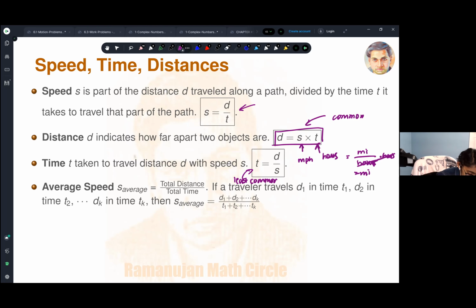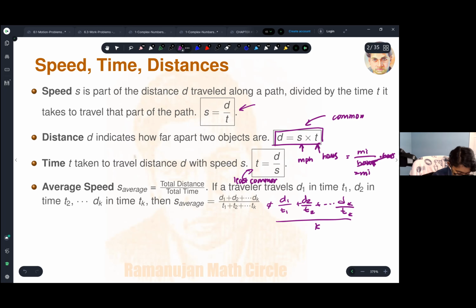Note that the average speed is not necessarily the average of all the speeds, because this is not necessarily equal to d1 over t1 plus d2 over t2 plus all the way till dk over tk, divided by k. This is not necessarily true. I mean, it could be in a very special case, but that's not true here. So make sure to realize that you have to sum up all the total distances, and you have to sum up all the times to get the total time and divide.